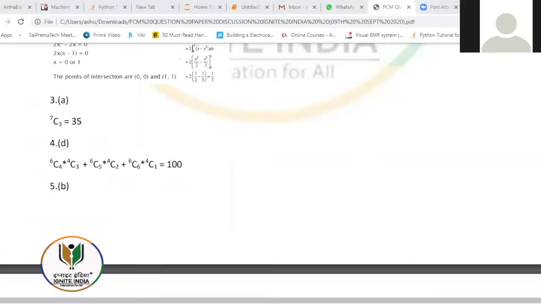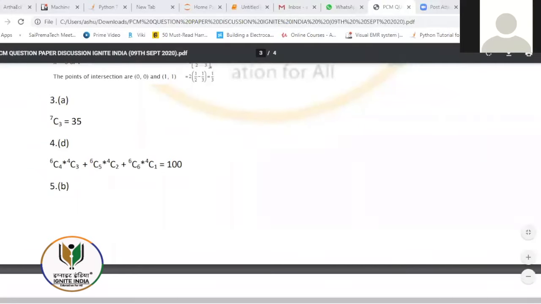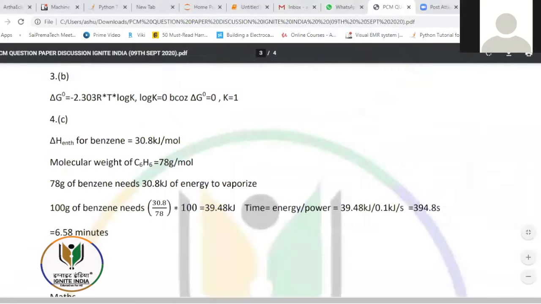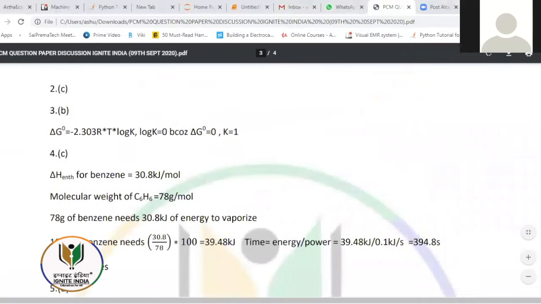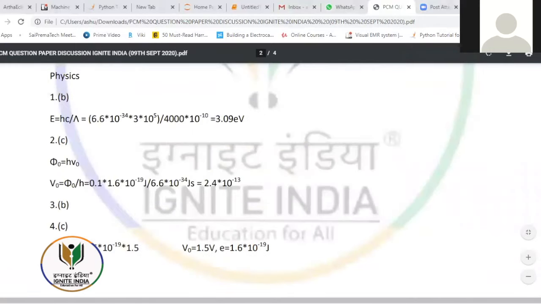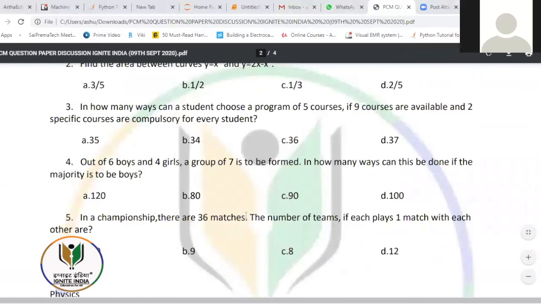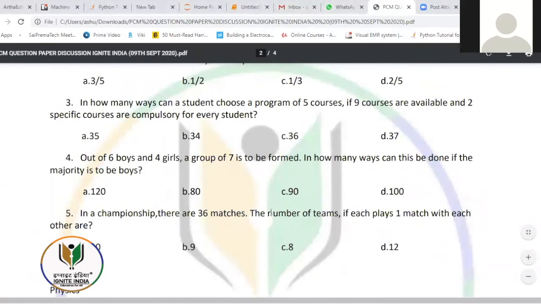Next question. In a championship, there are 36 matches. The number of teams, if each plays 1 match, is how much? This is similar to the question where you shake hands with each person in a meeting.